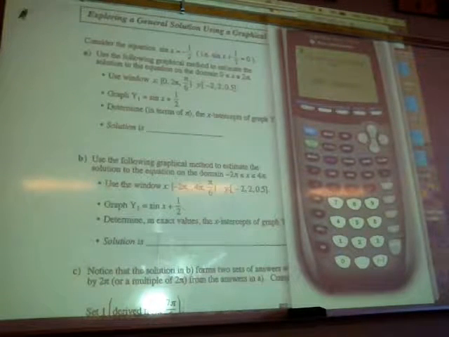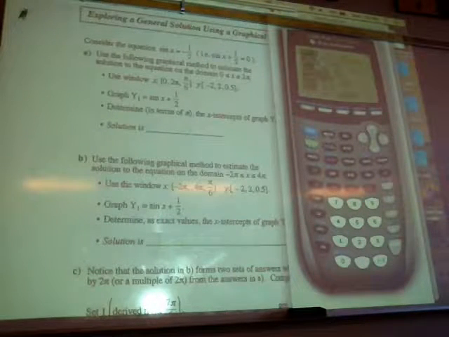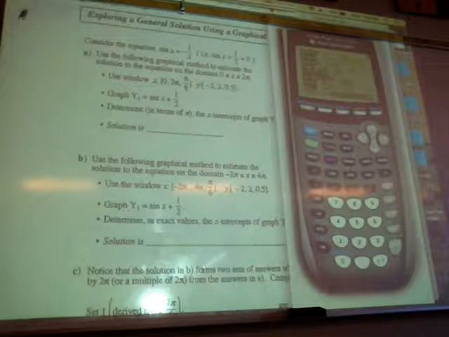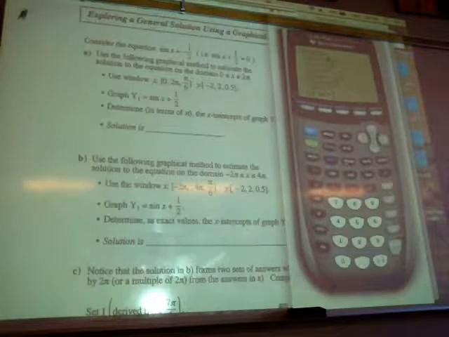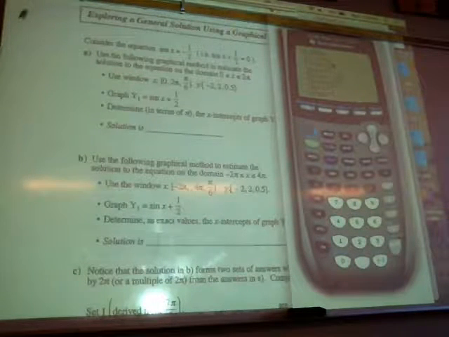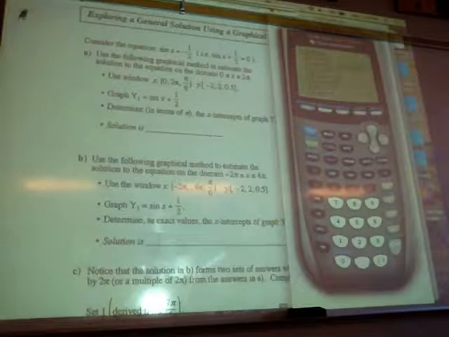Now looking at the domain, it's 0 to 2 pi, and the window settings are in pi measurements. So what mode should I be in? Radian, good job. I already am. So I'm going to change my window settings from 0 to 2 pi with a scale of 30 degrees or pi over 6.